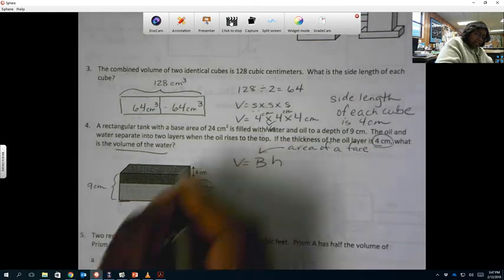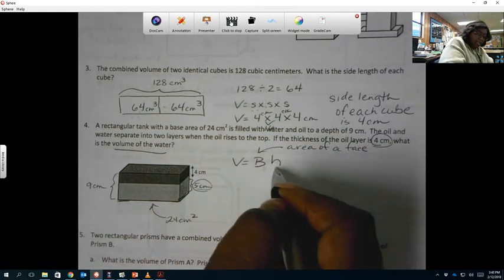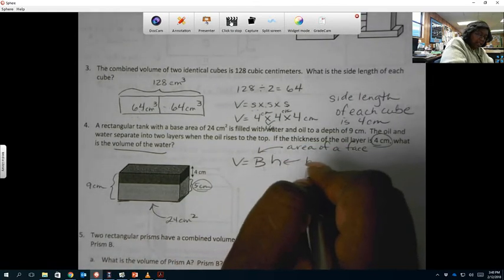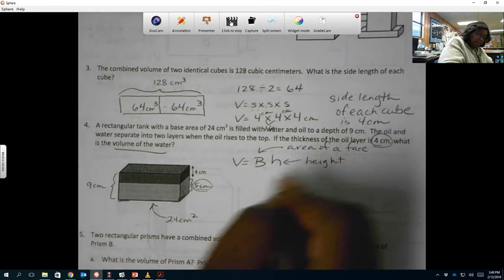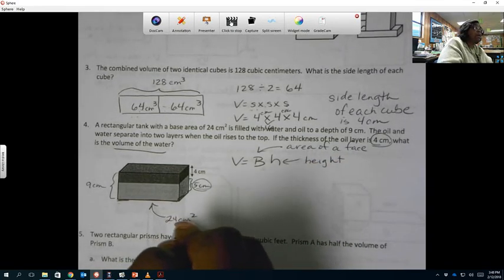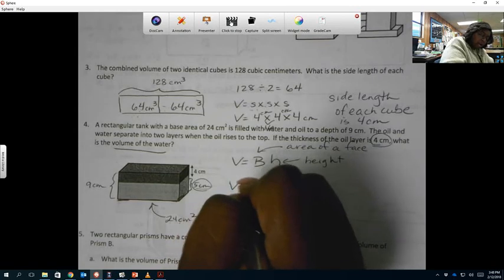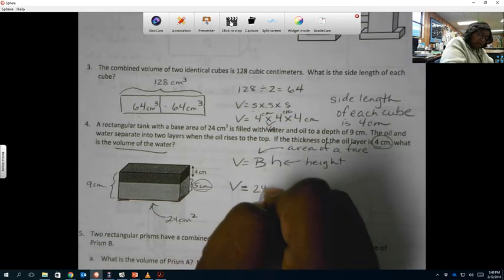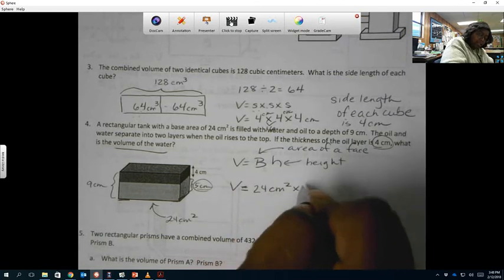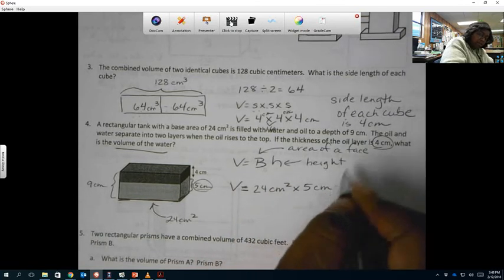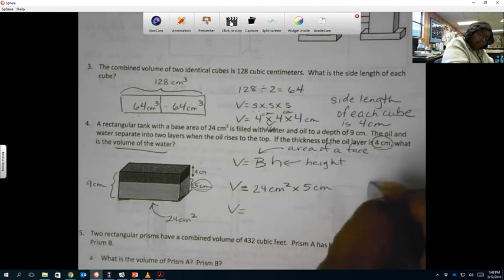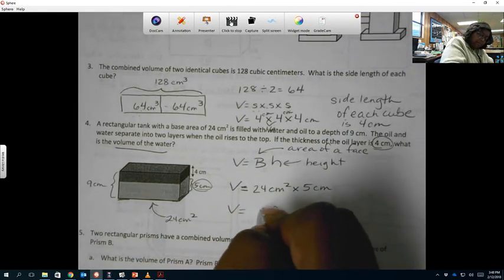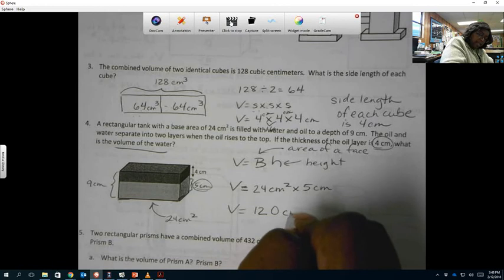And in this instance, it's the base times the height. Well, since I already know that my base area is 24, I could just plug those values into my formula. 24 square centimeters times 5 centimeters, and I have 120 cubic centimeters.